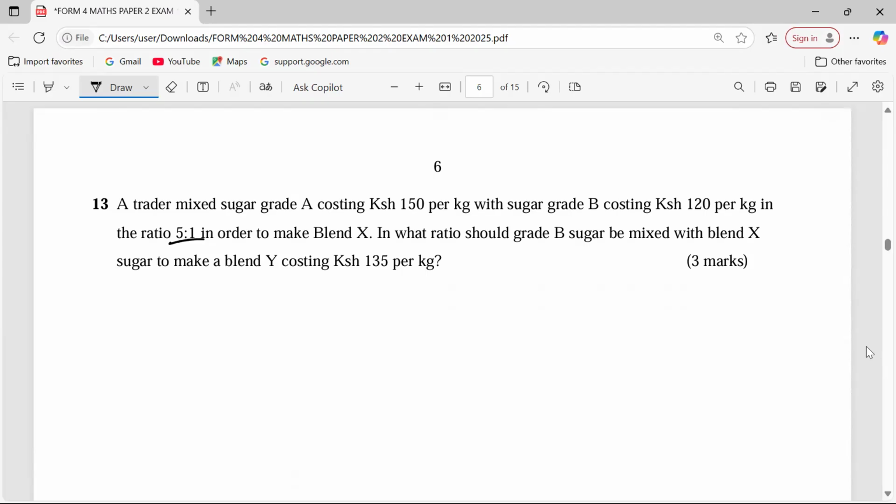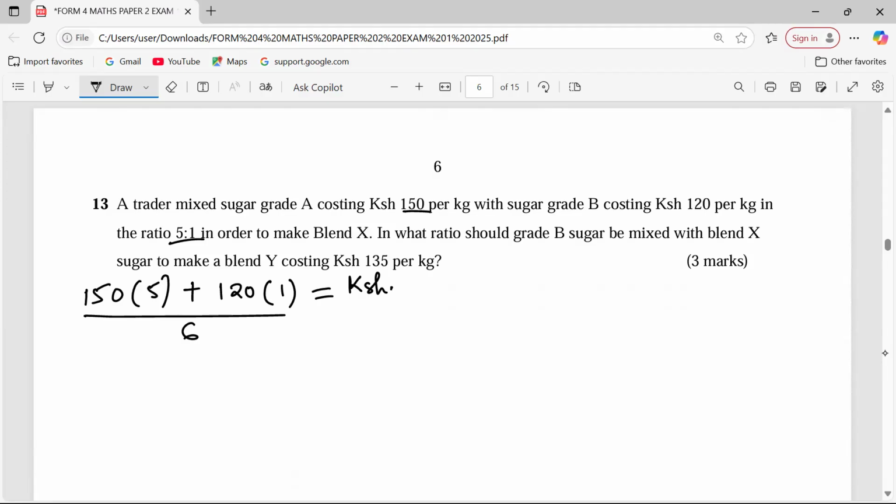whereby we are mixing in a ratio of 5:1 A and B. So 150 shillings, 5 such kilograms with 120 per kg with 1 kilogram, and these are 6 mixed kilograms. So what is the cost of a mixture of a kilogram after mixing A and B? 150 by 5 plus 120 divided by 6.